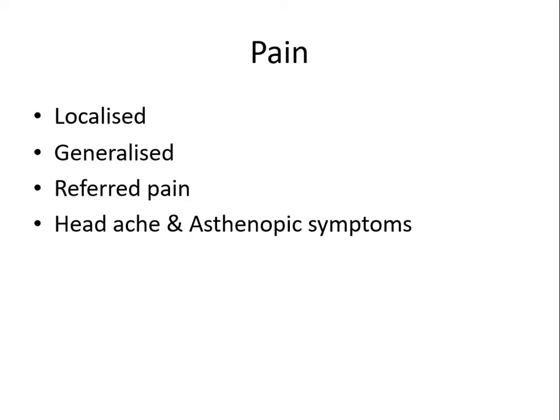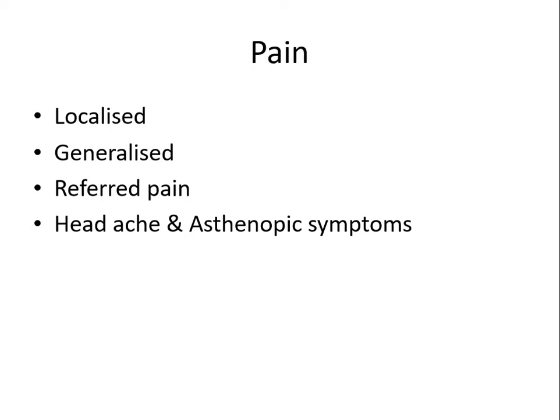So if the patient complains of loss of vision associated with pain, then you have to ask whether it is localized pain, generalized pain, referred pain, headache, or asthenopia. Headache is a universal complaint of patients.